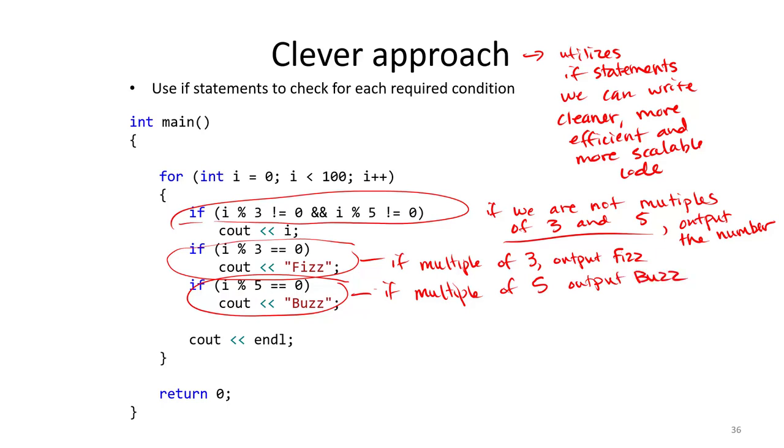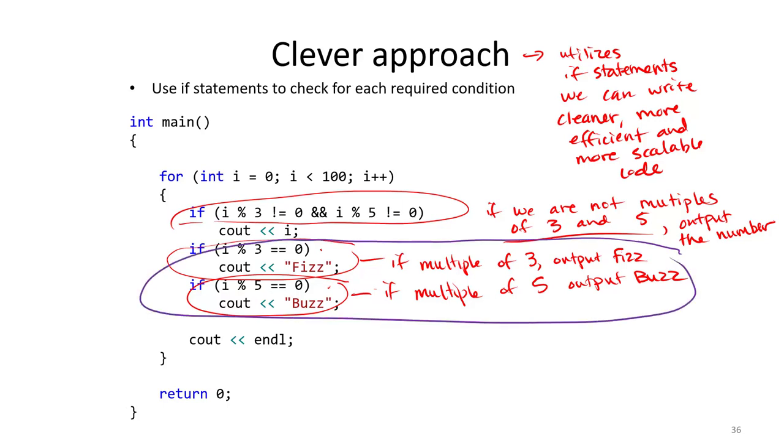How do we check whether we're a multiple of 3 and 5? Well, if we are a multiple of 3 and 5, both if statements will trigger.